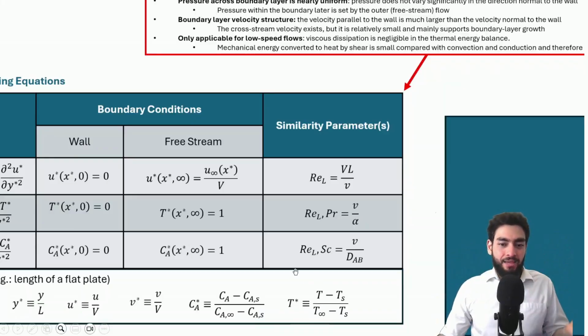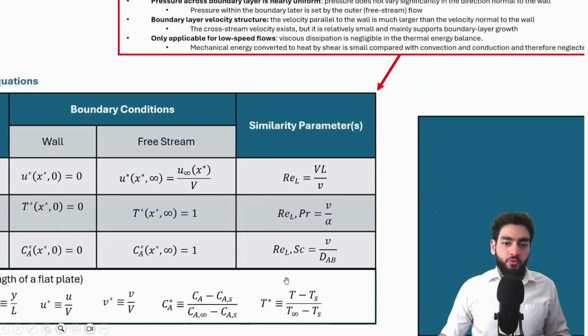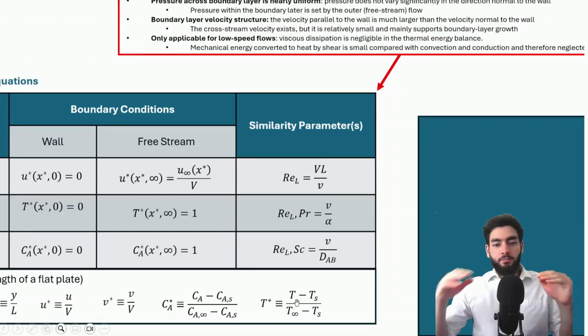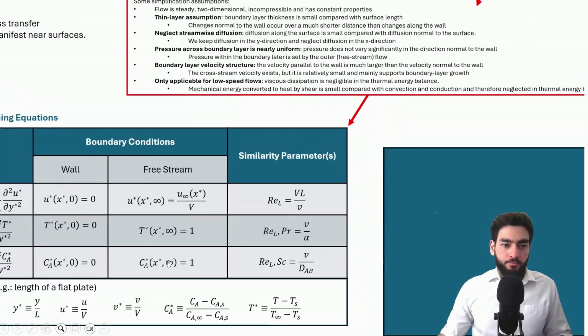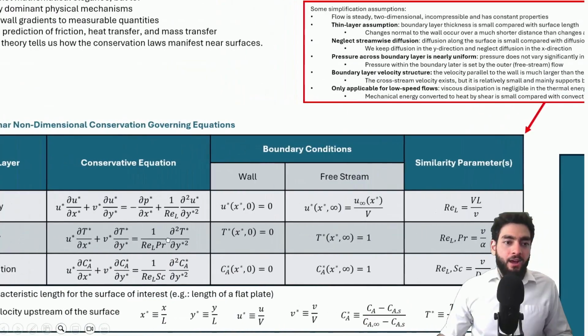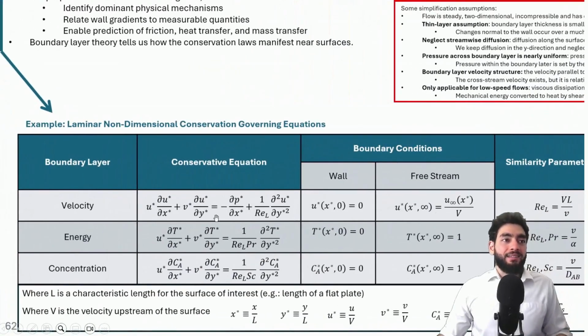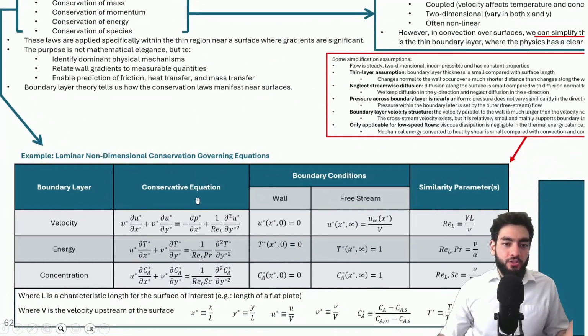And we did the same thing for the temperature, which is the non-dimensional temperature at any point x: the temperature at that point minus the surface temperature, over the bulk temperature minus the surface temperature. Okay, now we can look at these conservation equations and try to understand these terms.